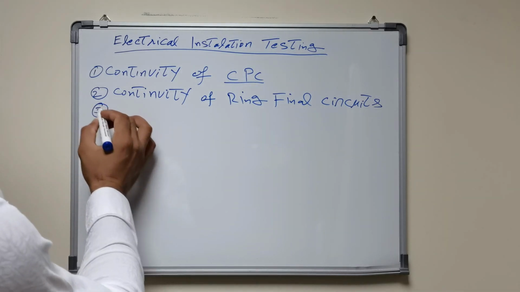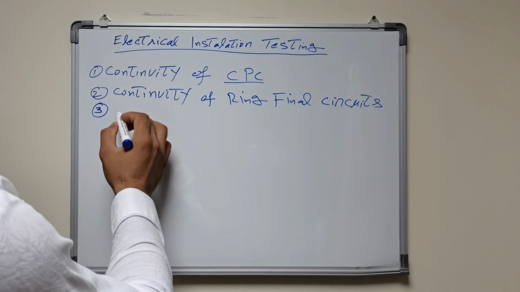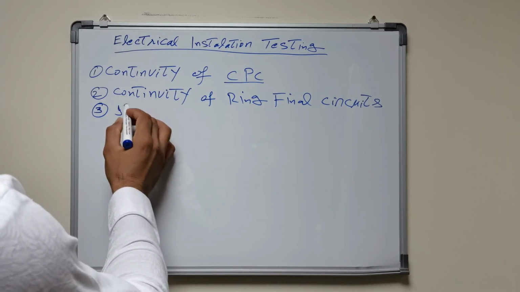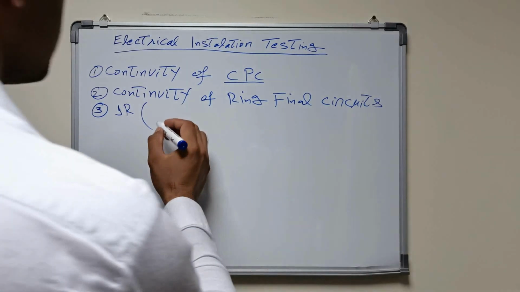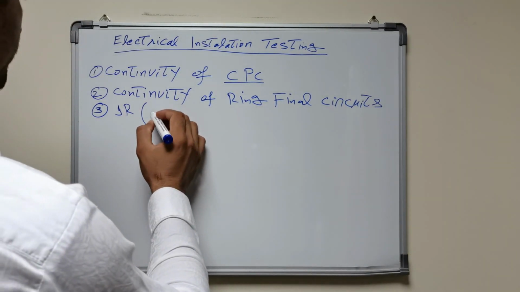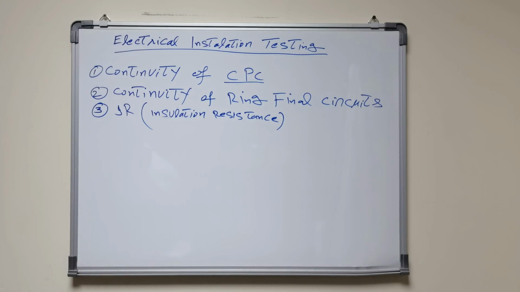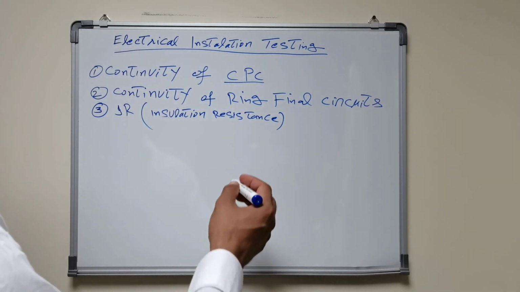Number 3 is IR test. IR means insulation resistance. Insulation resistance test is performed to check our conductor insulation resistance values, because during the installation there is a chance to damage our conductor's insulation that can lead to an accident.